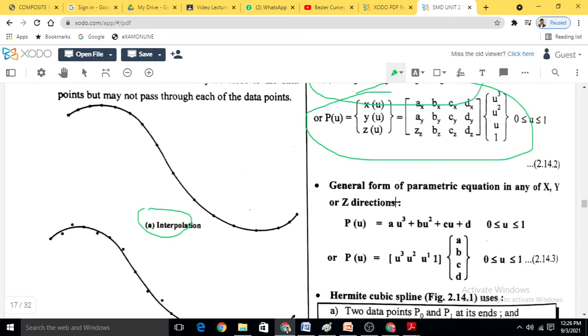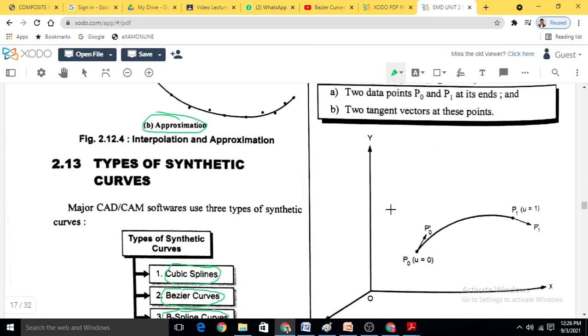To represent the cubic curve or Hermite cubic curve, we require two main things. First, two data points, P0 and P1, which are the end points of the curve, and the two tangent vectors at these points.